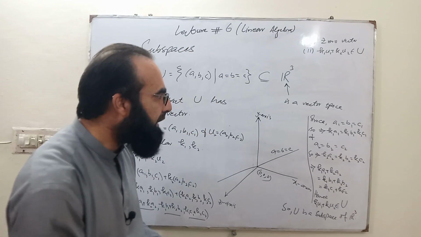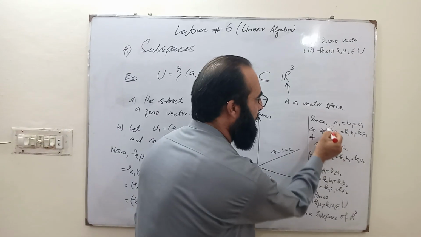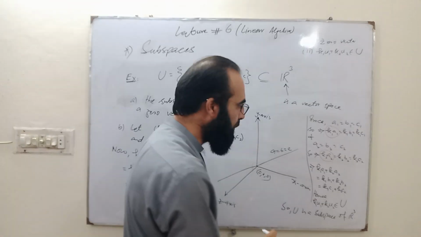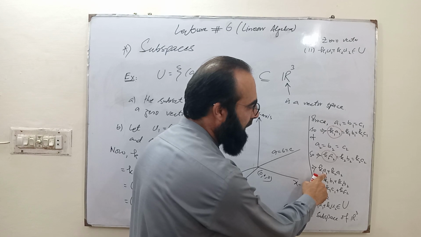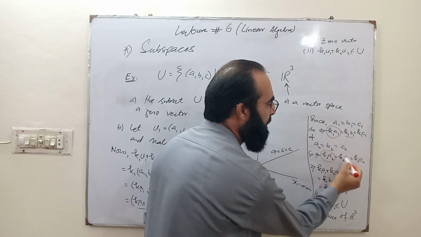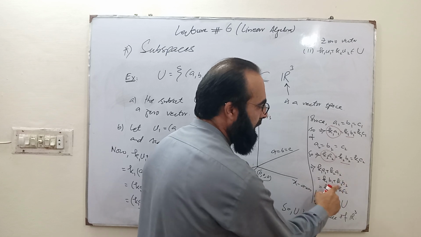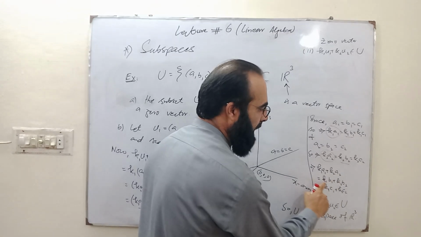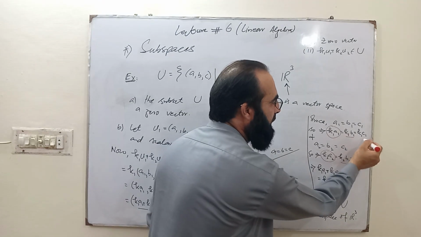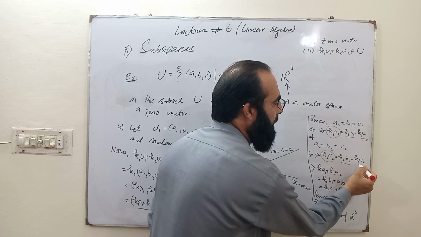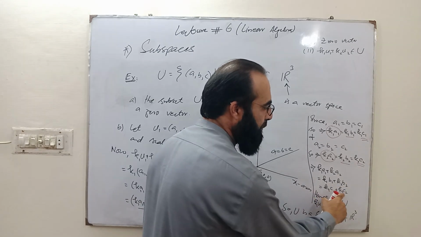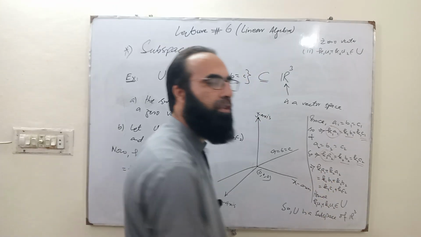Now, if we add k1 a1 with k2 a2, we will get k1 a1 plus k2 a2. Similarly, if we add k1 b1 with k2 b2, we will get k1 b1 plus k2 b2, and the remaining terms k1 c1 with k2 c2, we will get k1 c1 plus k2 c2, and all these three will be the same.